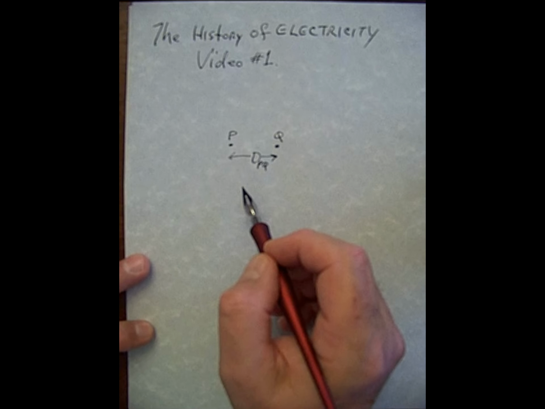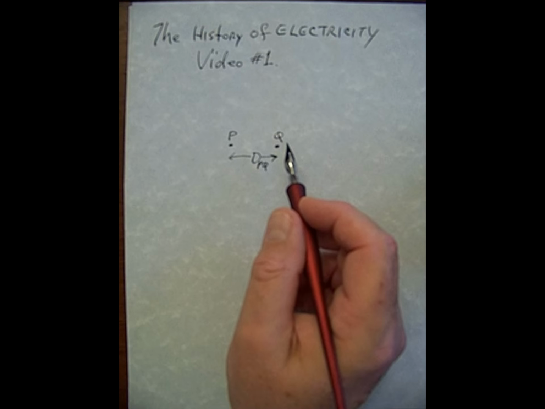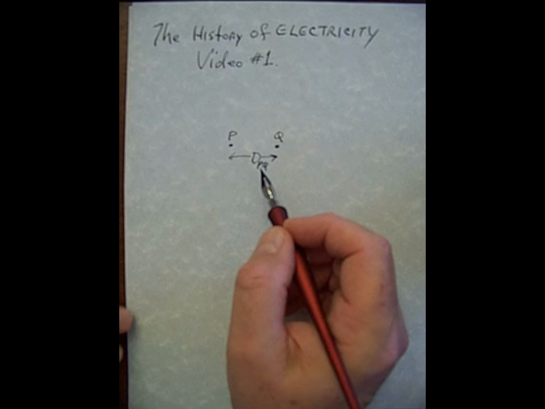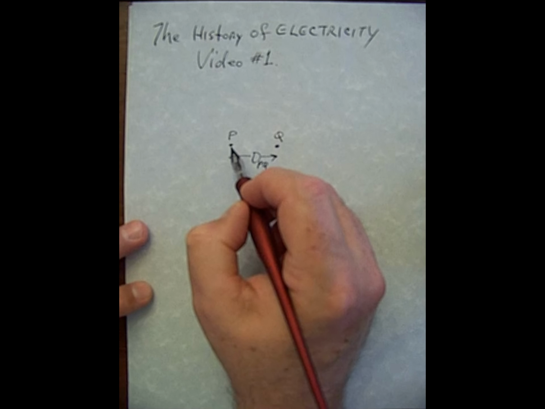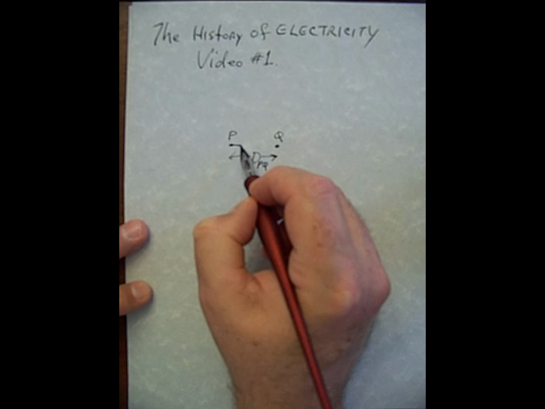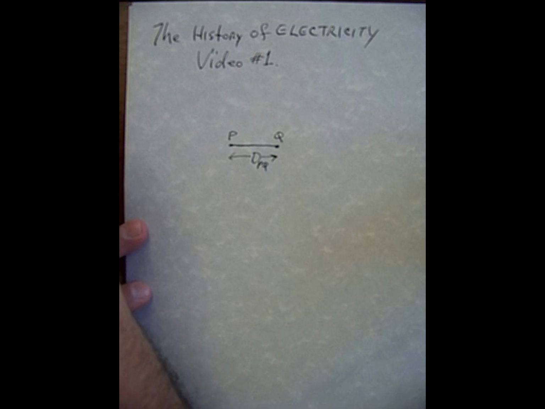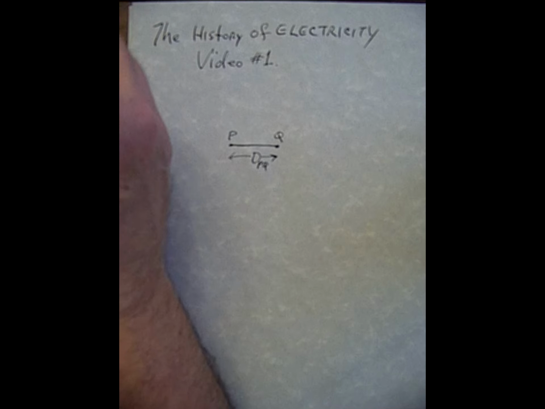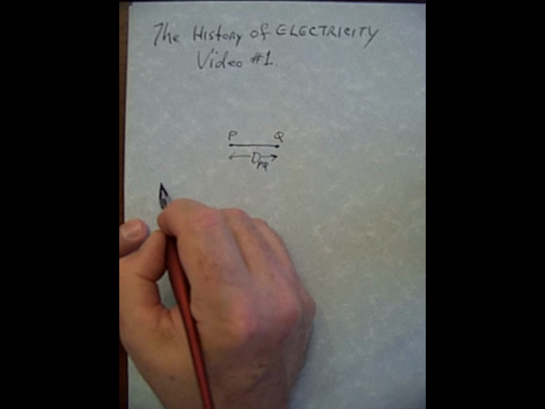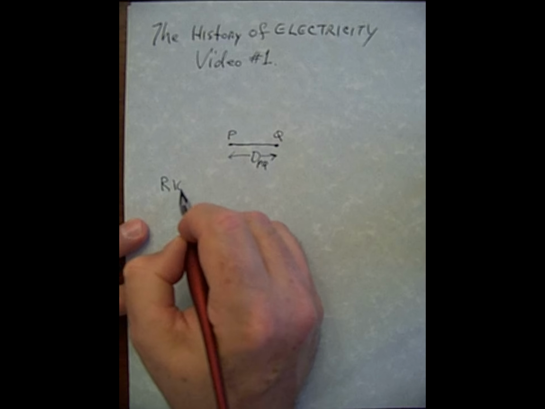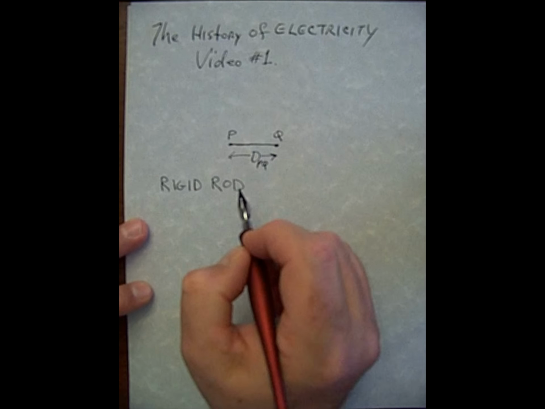So how do we calculate D? What is the distance between P and Q? Well, one way to do that is to draw a line between P and Q. And then we're going to bring in a new concept, which is the concept of the rigid rod.